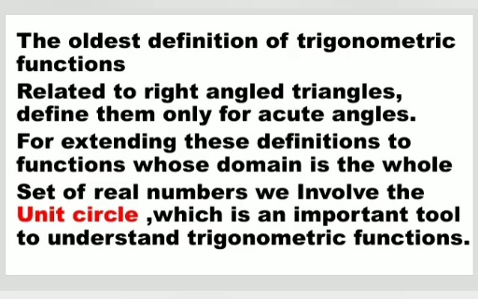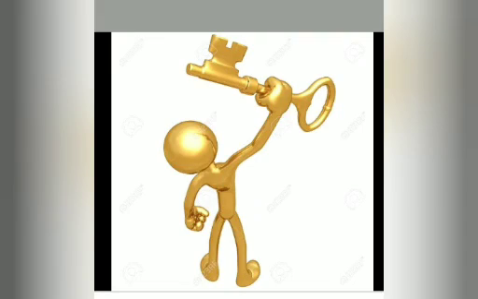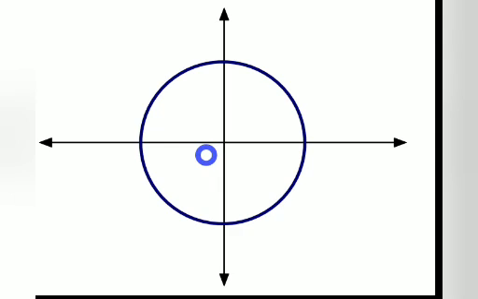Unit circle is also considered the golden key to understand trigonometric functions. Now, a unit circle is a circle with radius equal to 1 unit.